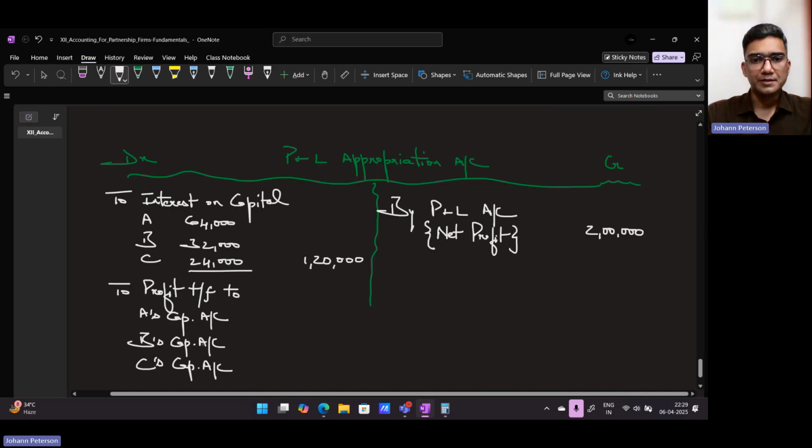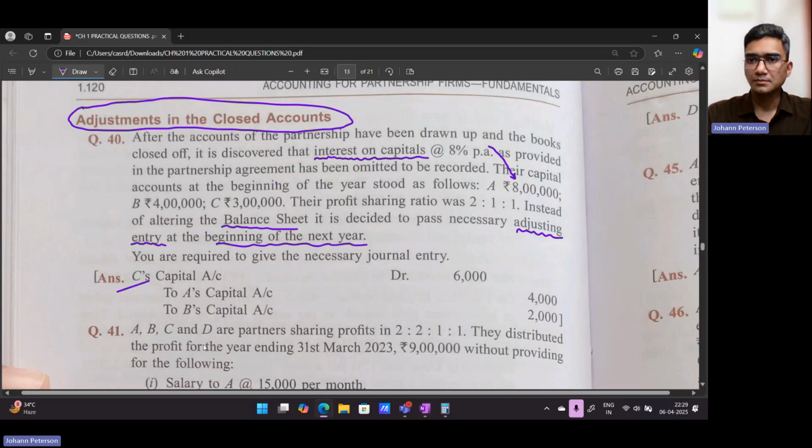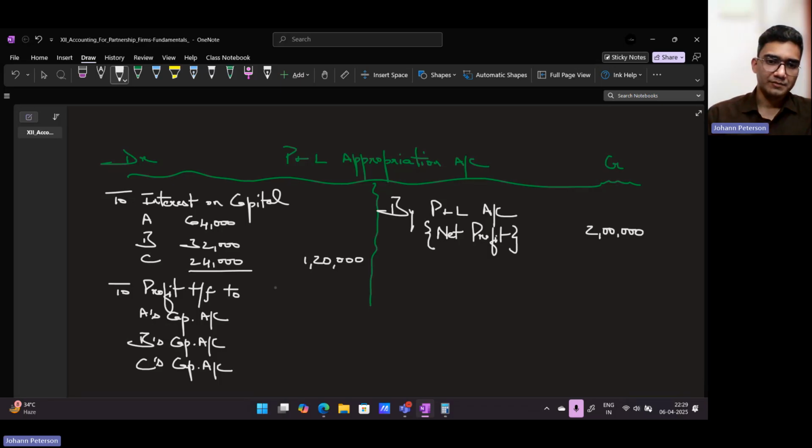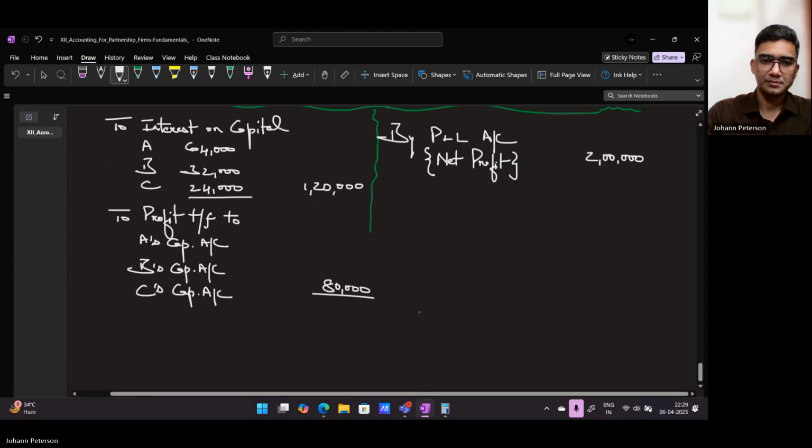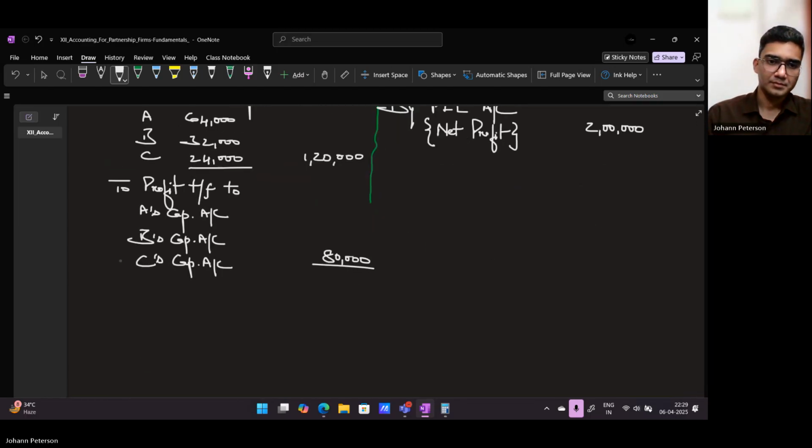Now, how much are we transferring? The question says nothing about the ratio. No, it does say something about the ratio. It says the profit sharing ratio is 2:1:1. So if I divide the balancing figure, which is 80,000, in 2:1:1, I'm just doing this working down over here.